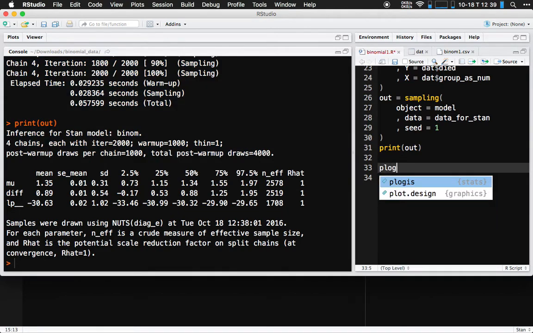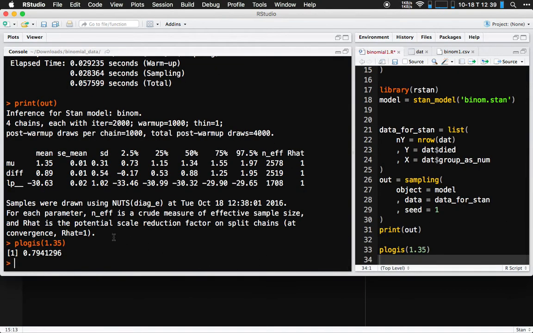It's the plogis command that converts from the log odds scale back to the probability scale. P means you're going to get probability afterwards. So you say plogis 1.35, and that's going to spit out whatever value is right here, 1.35, that's the corresponding proportion.